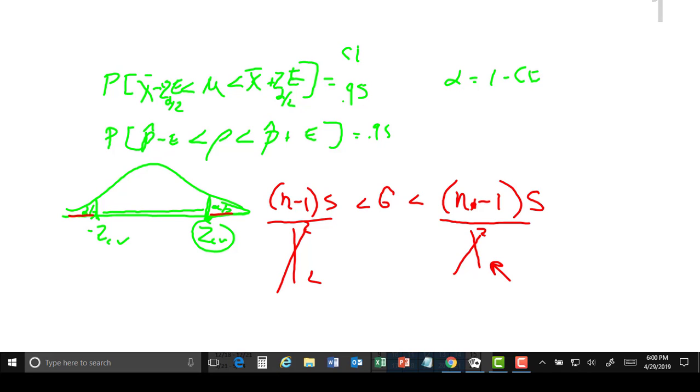Are we okay? These, again, I could do it like this, put it in a big bracket, put the probability, and then put the confidence interval here.